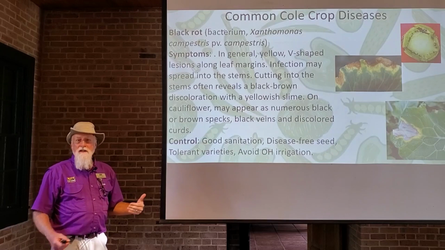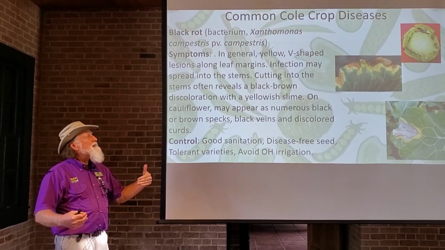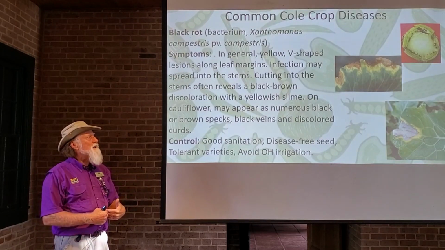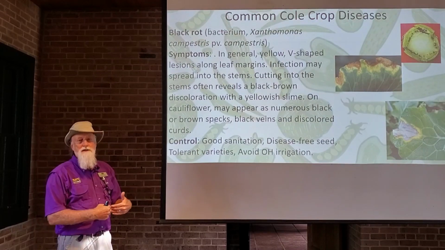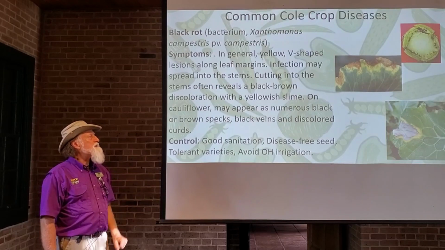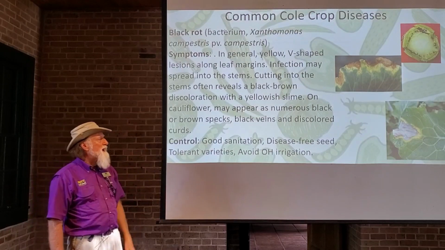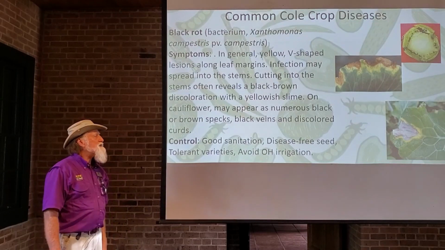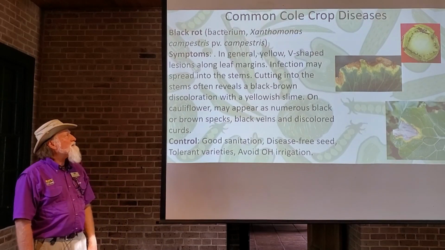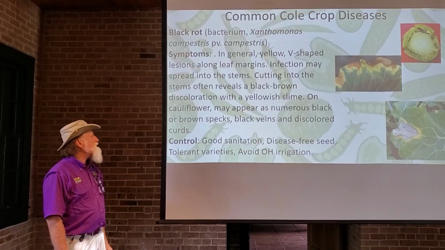They start at the margin of the leaf, and they'll make a V-shaped necrotic lesion with a chlorotic halo around it. And the V usually will follow the veins in the leaf. That V-shaped pattern, especially what you see there in the lower right corner, is very symptomatic of what black rot looks like on your cold crops.